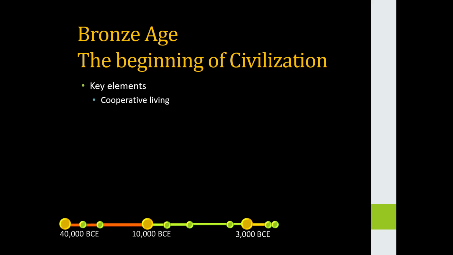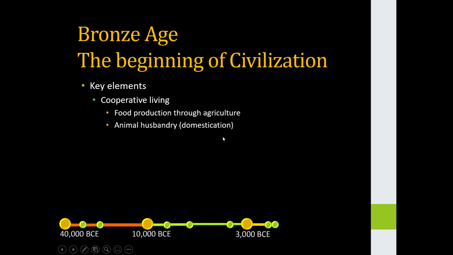So some of the key elements that allow these areas to evolve into civilization: one of them is cooperative living. So people helping one another, especially in the production of food through architecture. The other part is going to be domestication of animals, animal husbandry.